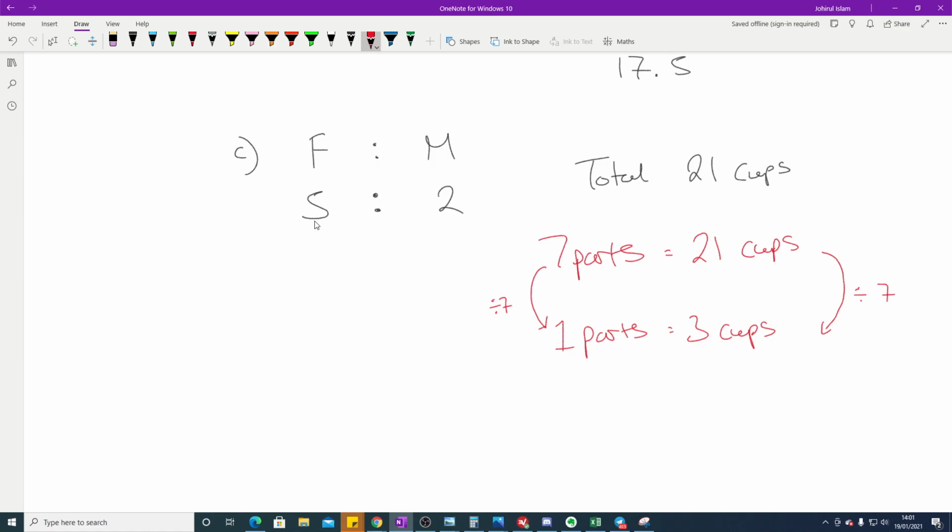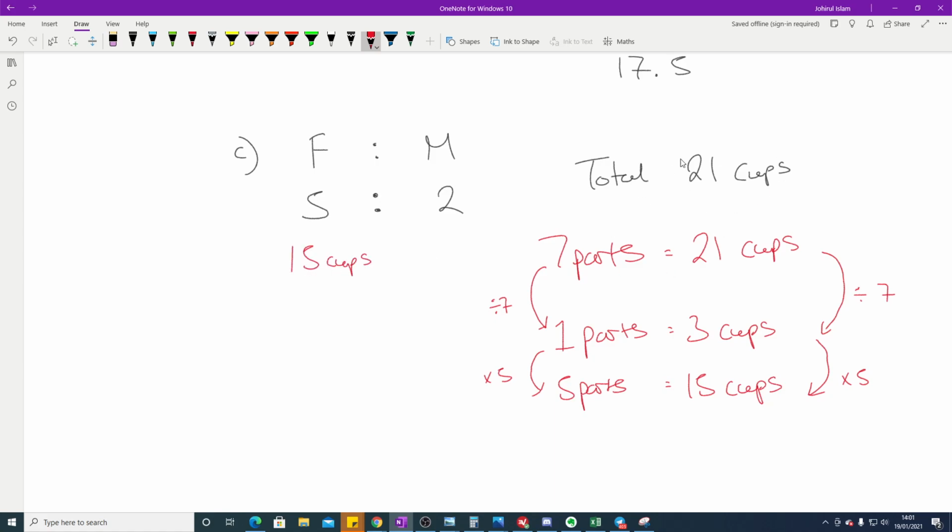So to work out 5 parts, we would do 1 times 5, and therefore we need to multiply the 3 cups by 5, which gives us 15 cups. So for flour, we know that we're going to need 15 cups.